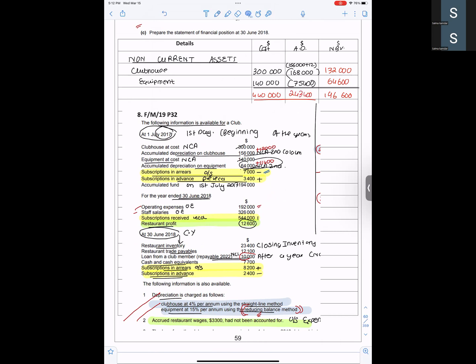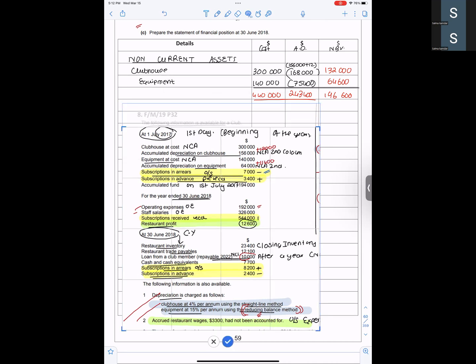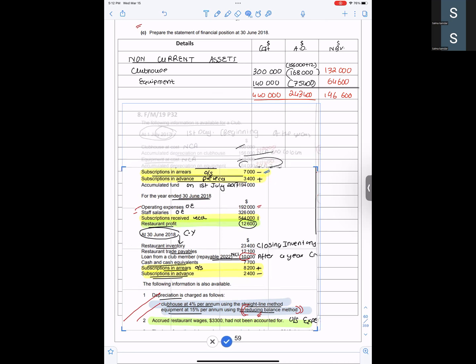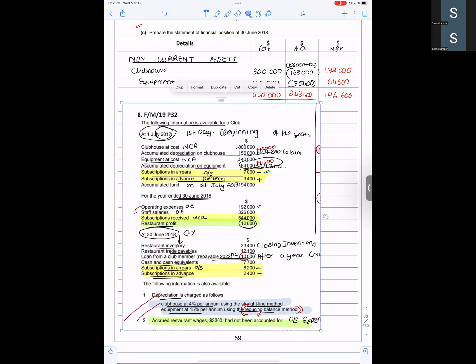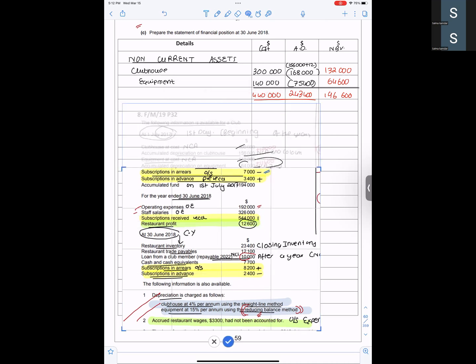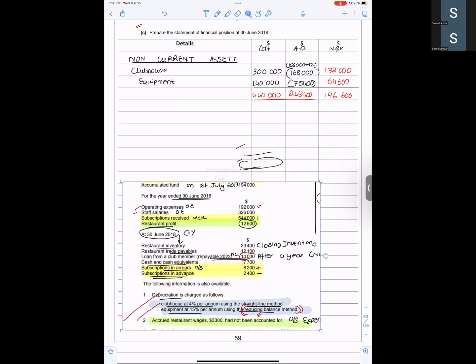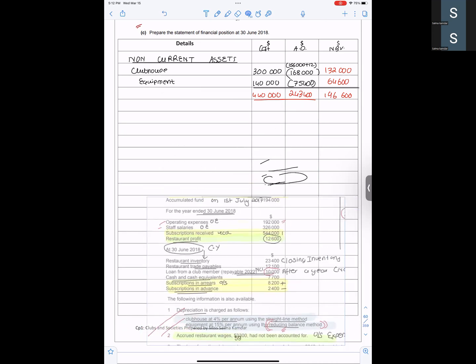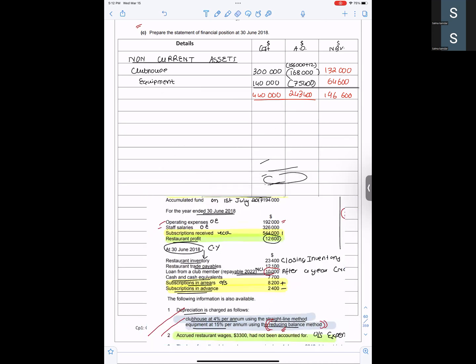Let's crop this. We've already done with this. Clubhouse at cost depreciation is done. Subscription in arrears and advance at the beginning of the year, I have nothing to do with it. Now what I have to see is the non-current assets. Then you will have your current assets. Let's see what your current assets are.